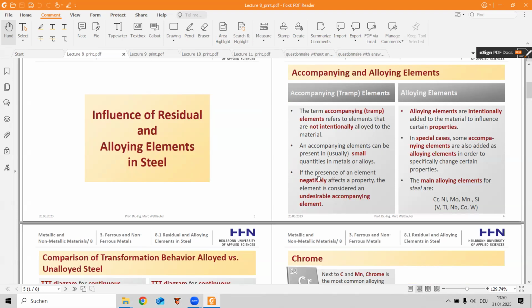The presence of an element negatively affects the property of the material.